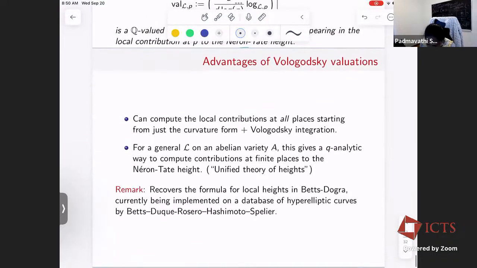Again, it gives us a uniform way of computing the local contribution at all places, starting from just the differential data of a curvature form, provided you're able to compute these Vologodsky integrals. And it gives a new P-adic analytic way of getting contributions to the classical real valued Néron-Tate height. So in some way, it's a unification of the theory of height functions at all places.